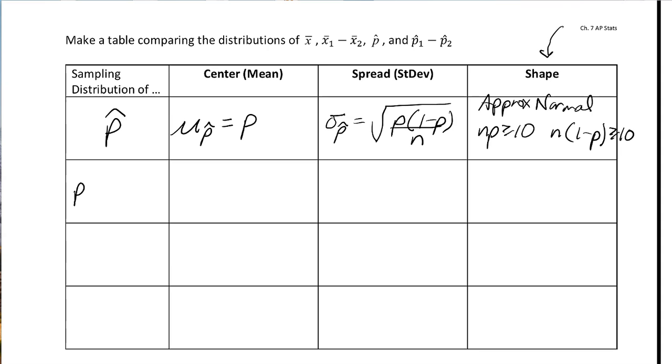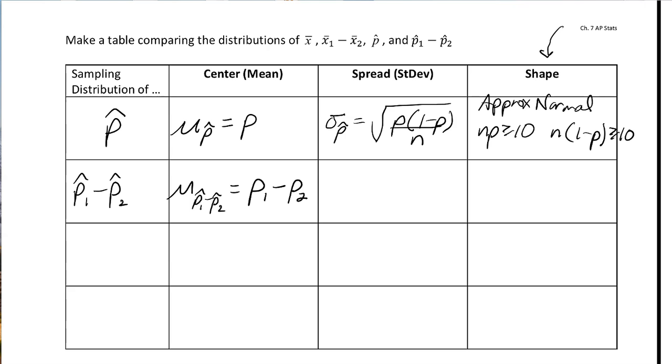Next, we looked at p hat 1 minus p hat 2. Taking independent random samples from 2 different populations, the mean of all those differences in p hats would equal the population proportion in the first population minus the population proportion in the second population.